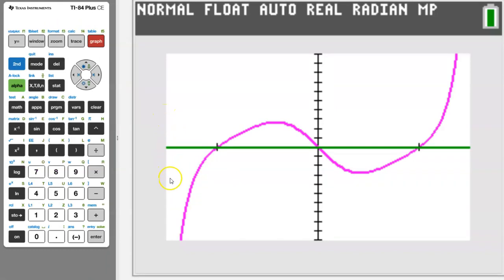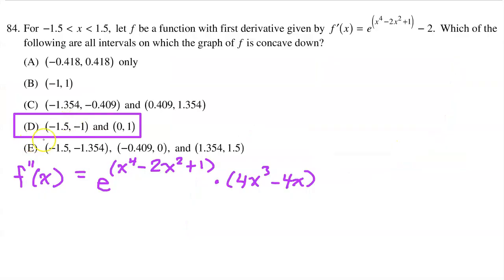So the left edge of this graph is negative 1.5. So we're going to say that f double prime is negative on the interval from negative 1.5 to negative 1 and from 0 to 1. So the answer is D.